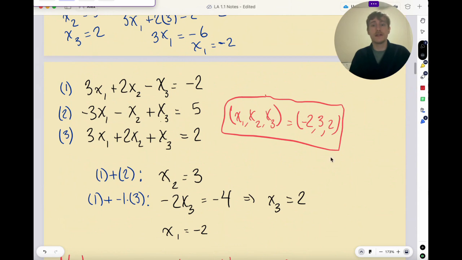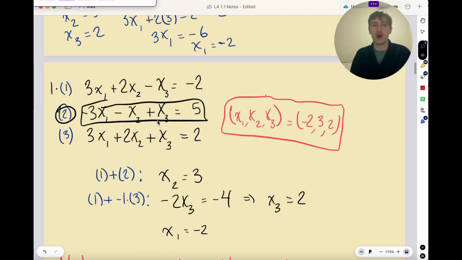So in order to solve this system, I want to go back to what we did. What I did was I essentially replaced equation 2. I replaced it with equation 2 plus 1 times equation 1. So I added this entire equation to a scalar multiple, 1 times this equation.